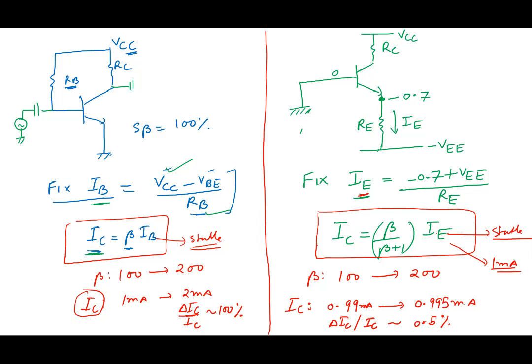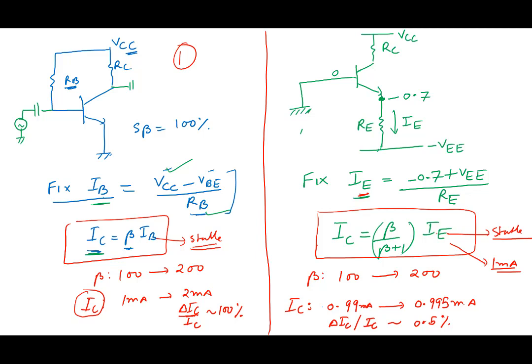So if you look at this biasing, in the first case, IB is pretty stable, right? IC varies a lot, and therefore IE will also vary a lot. In the next case, what do we have? IE is stable, IC is also stable. What will vary? IB will vary a lot.